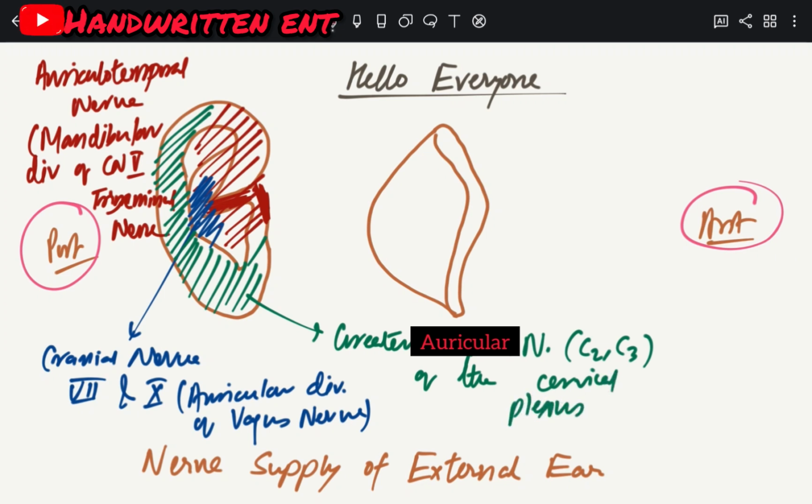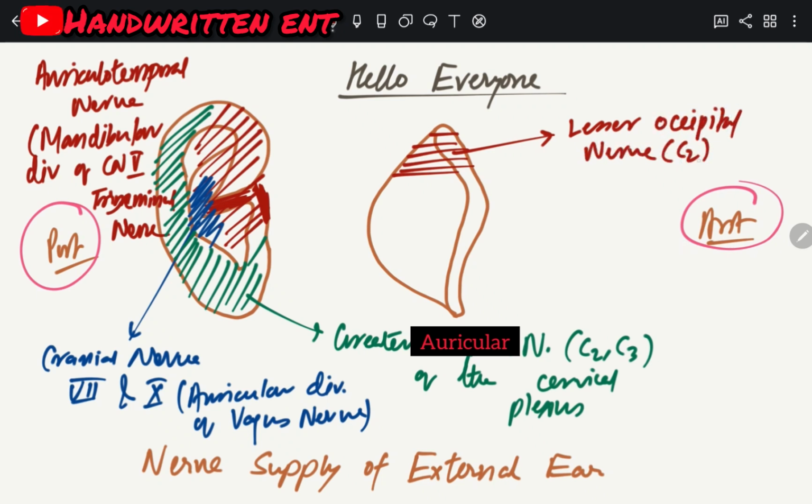The upper part of the auricle in the medial surface is supplied by lesser occipital nerve, C2 of the cervical plexus.